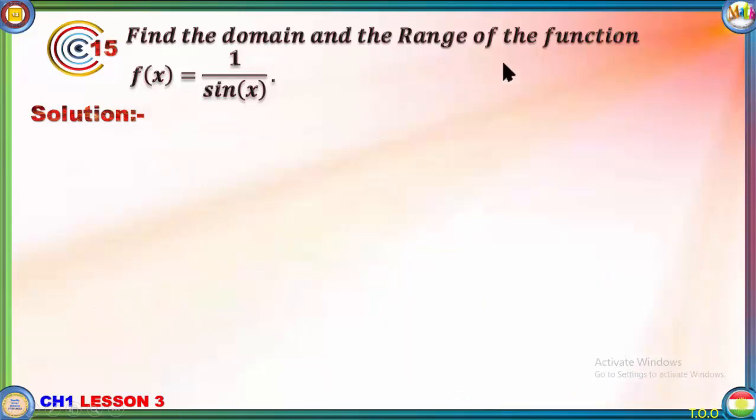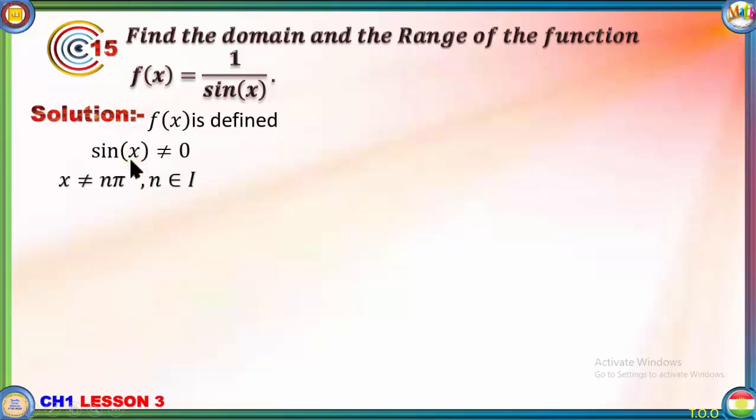Find the domain and the range of the function f(x) equal 1 over sine x. This function f(x) is defined when sine x is not equal to 0. Sine x is equal to 0 when x is equal n pi. That means sine x is not equal to 0 when x is not equal n pi, when n is an integer number.